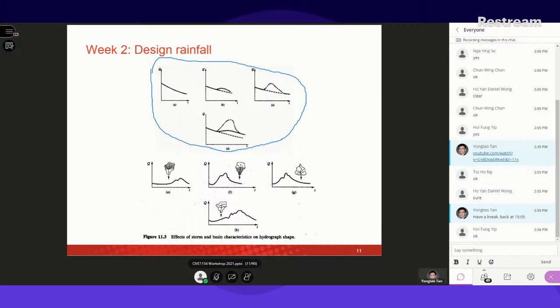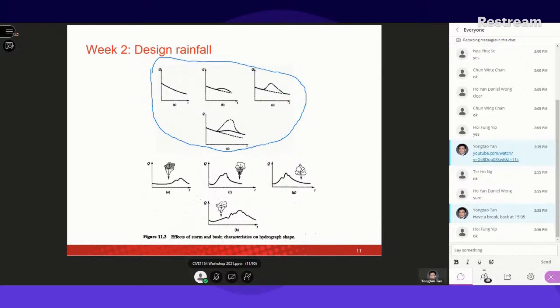So the hydrograph of a permanent stream includes four major components: the direct surface runoff, the interflow, the channel precipitation, and the groundwater flow.